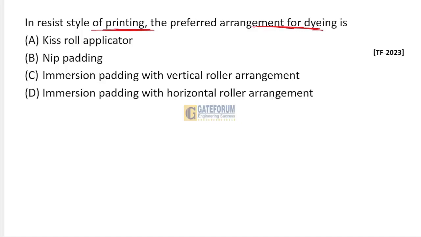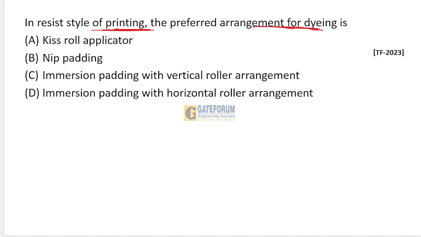The preferred arrangement is that the fabric is dyed first, fully, and then it is printed, and depending upon the resisting agent used, that portion would not be printed, and the rest can be printed.